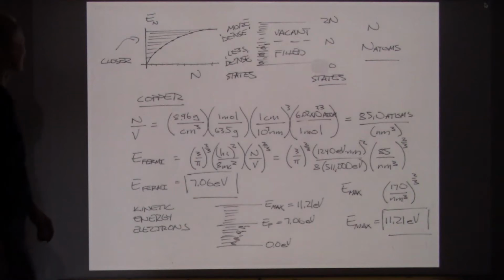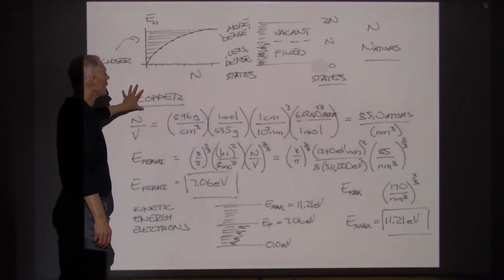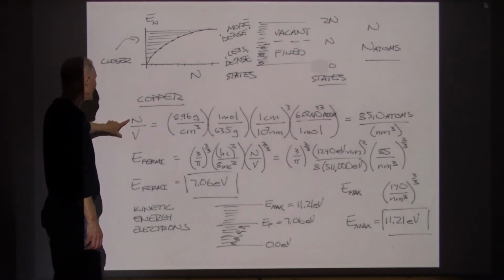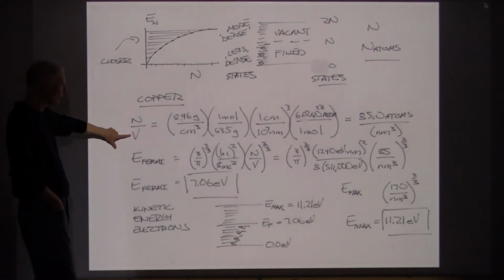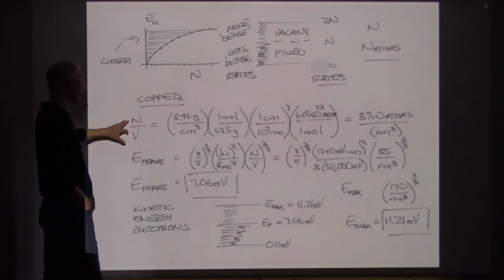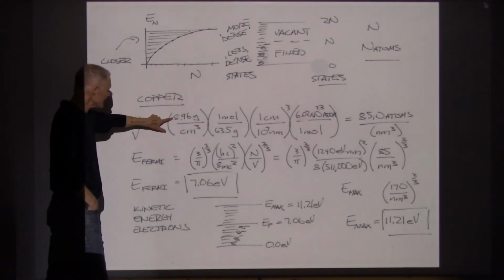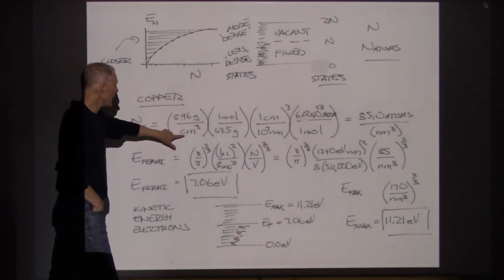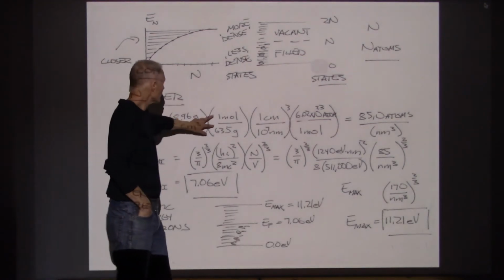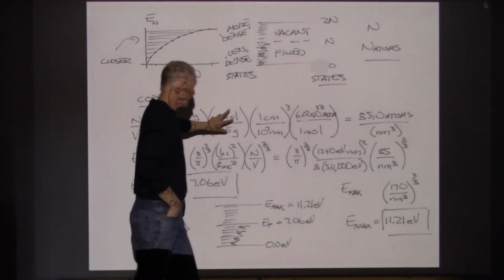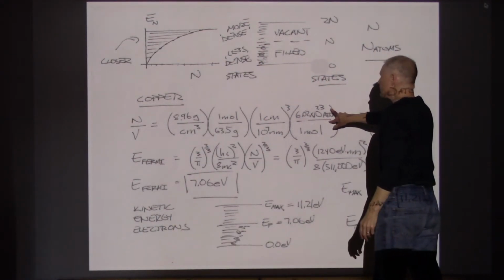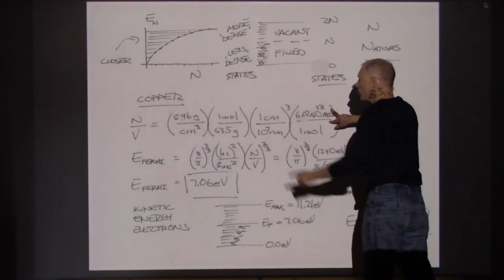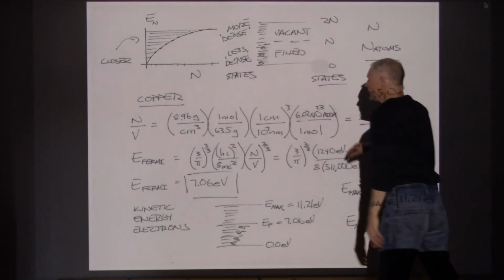Here is copper. If I take a block of copper and I want to find out how many electrons there are per volume, I could start by finding how many atoms. I could take the density of copper, 8.96 grams per cubic centimeter, multiply that by the molar mass, and do some unit conversions. Then I've used Avogadro's number to convert the moles into atoms.